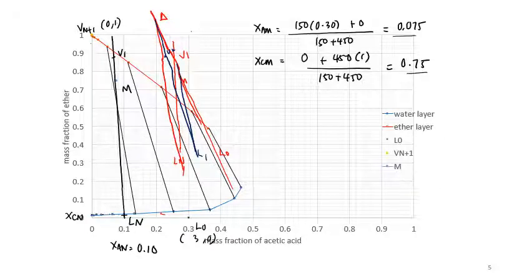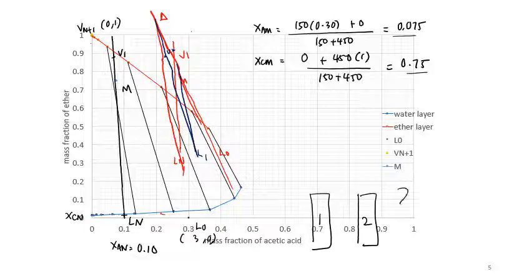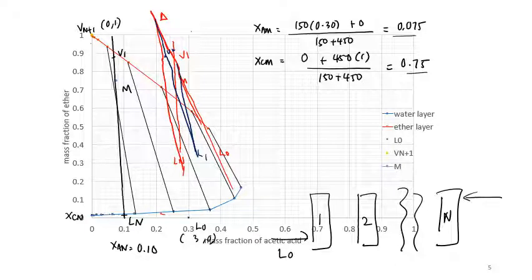So here you have plotted L1, Ln, V1, and everything else. What we want to know is the value of n. So 1, 2, we don't know until how many stages, N. Here is L naught, here is Vn plus 1, here is Ln, here is V1.